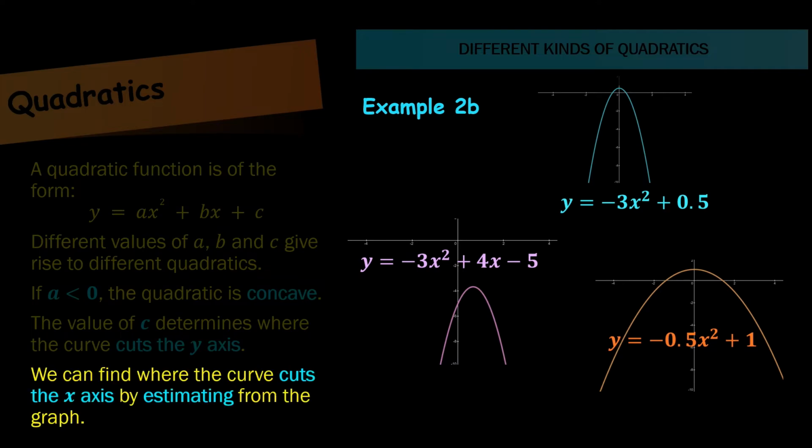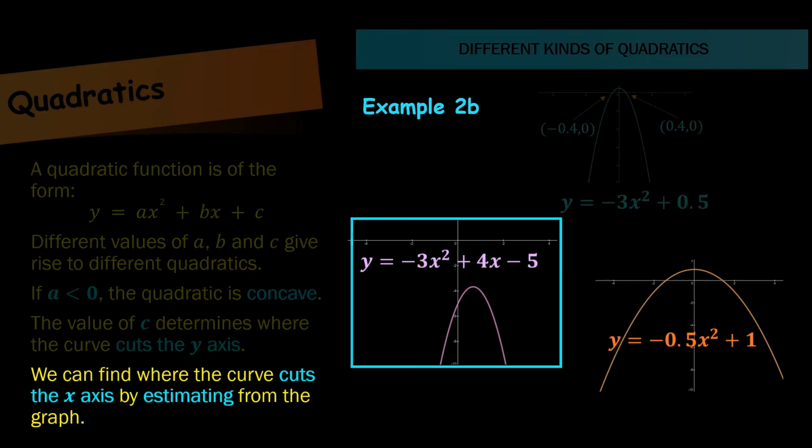We can also find where the curve cuts the x-axis by estimating from the graph. So let's take a look at the first graph. When y equals 0, we have that either x equals -0.4 approximately or +0.4.